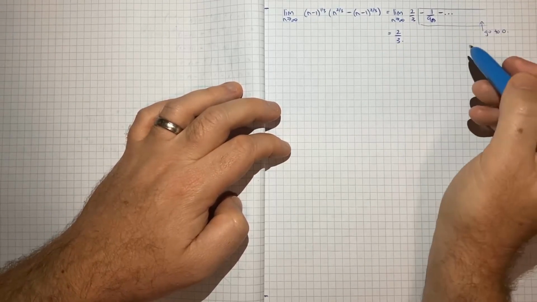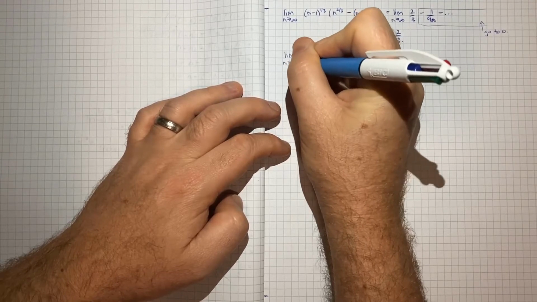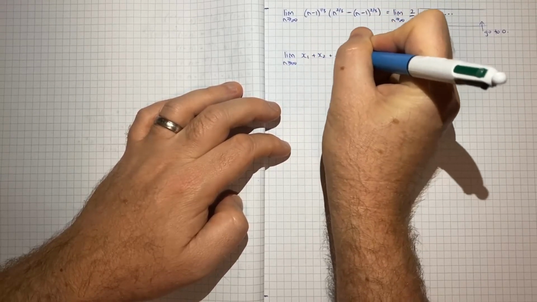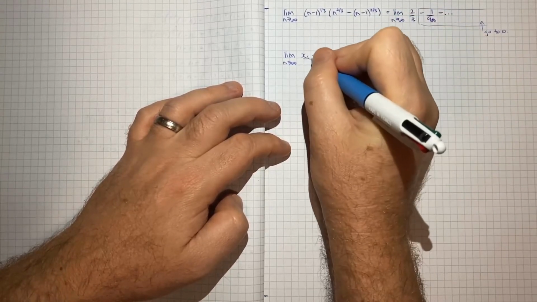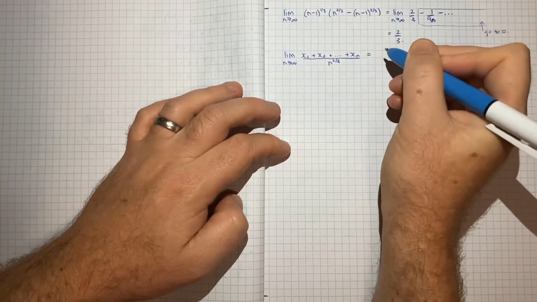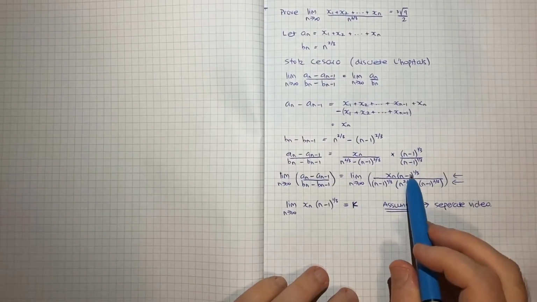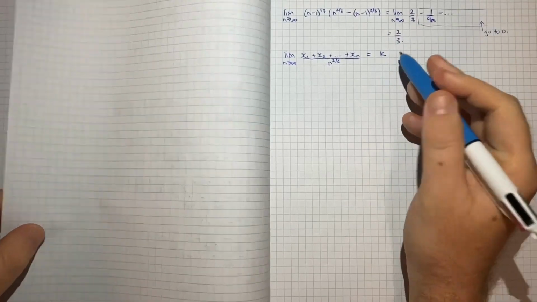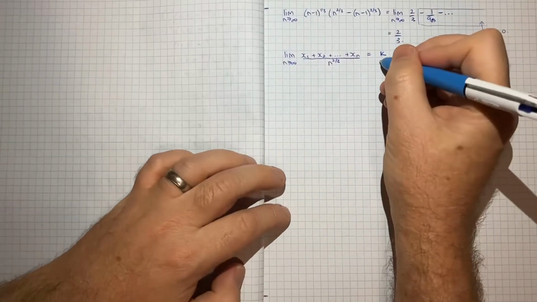Now if we go back to the original limit that we're trying to work with, the limit as n goes to infinity of (x1 + x2 + all the way up to xn) on n^(2/3), we've now simplified that to, first of all, k for the numerator, what we assume to be k, divided by what we've just worked out, this 2/3.